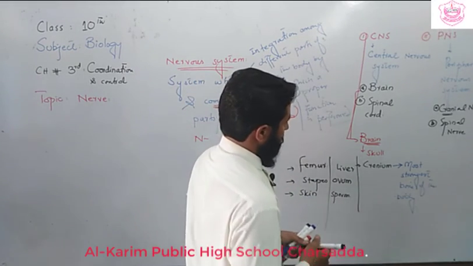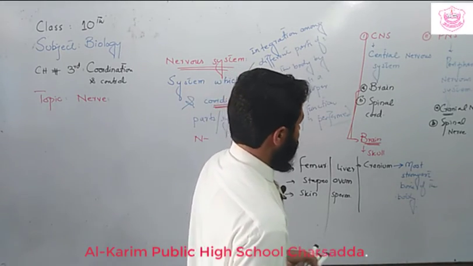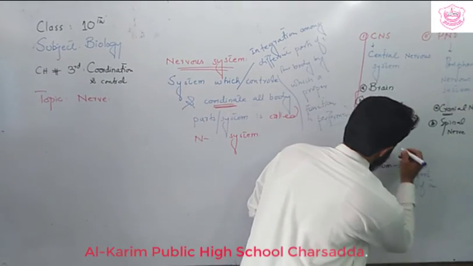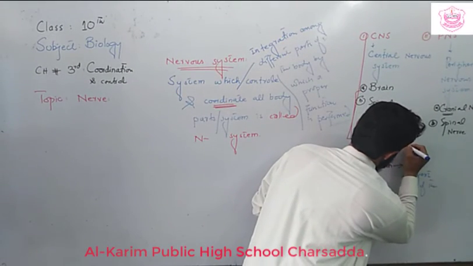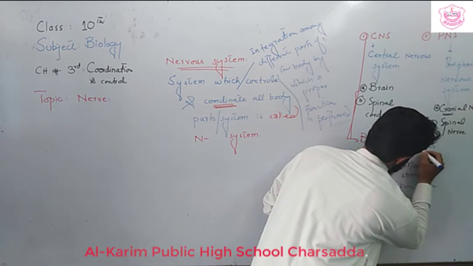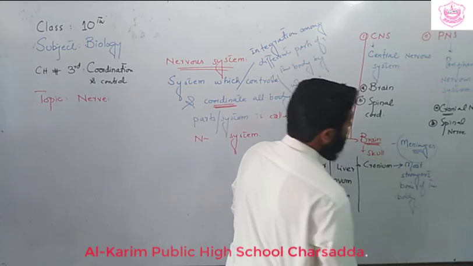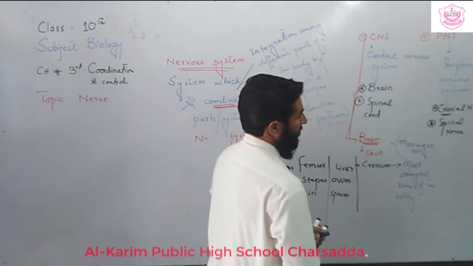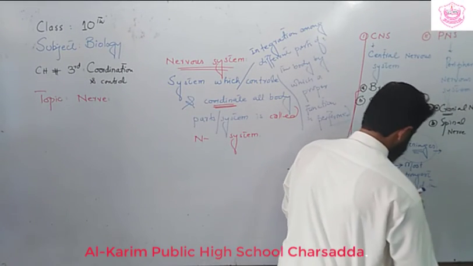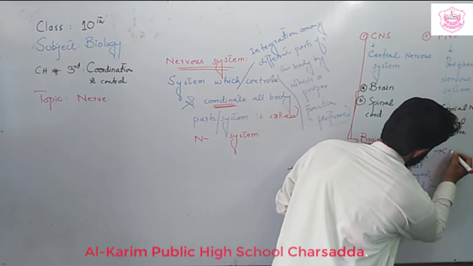Okay, coming toward the membrane which covers the brain. The membrane which covers the brain is called meninges. This meninges is made of 3 sublayers. Between the meninges and the brain, a fluid is present. That fluid is known as CSF.